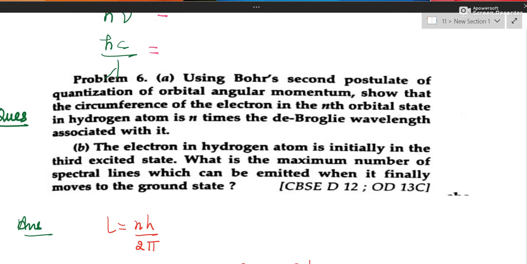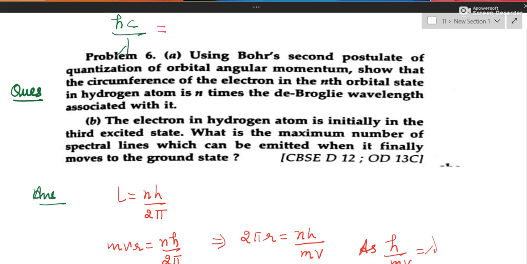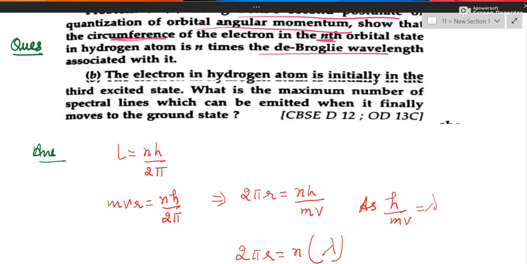In the next question, using Bohr's postulate of orbital angular momentum, show that the circumference is n times the de Broglie wavelength. It's simple.